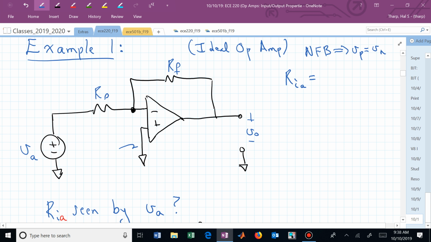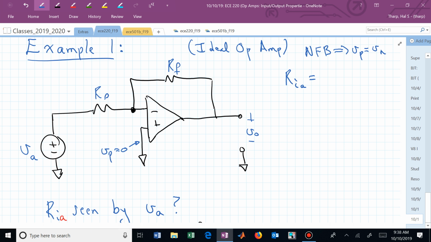And here we can actually see that the non-inverting pin is connected to ground, so that's already equal to 0. Or that's our common.